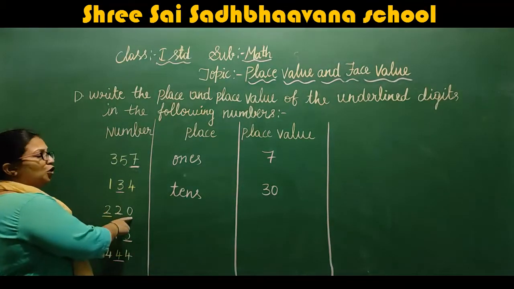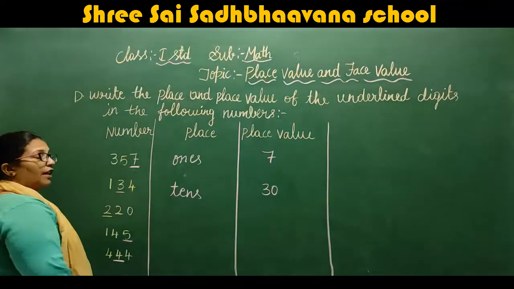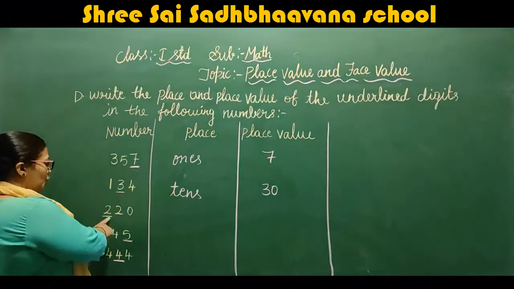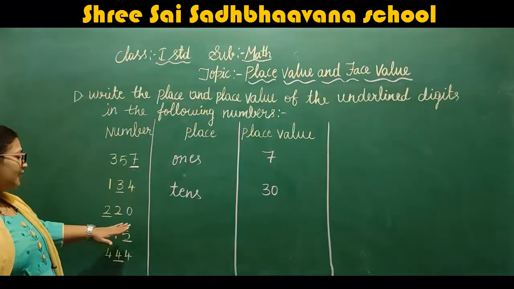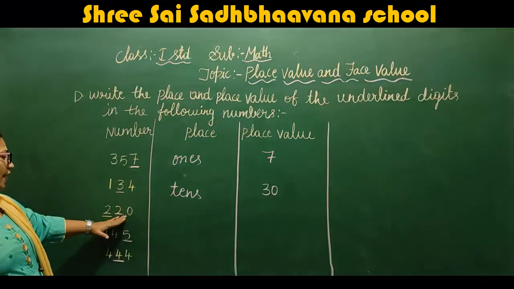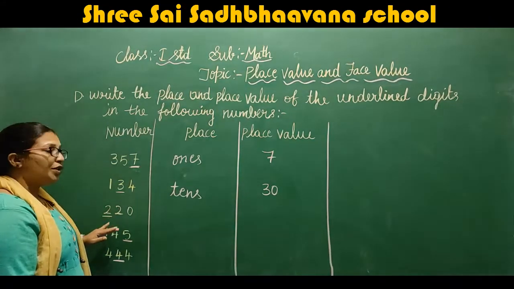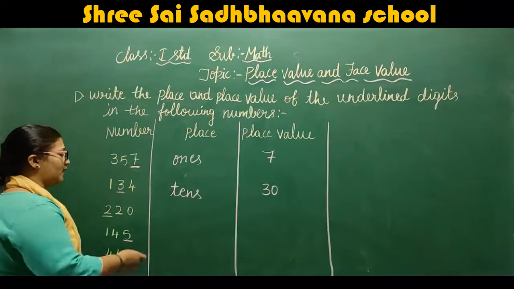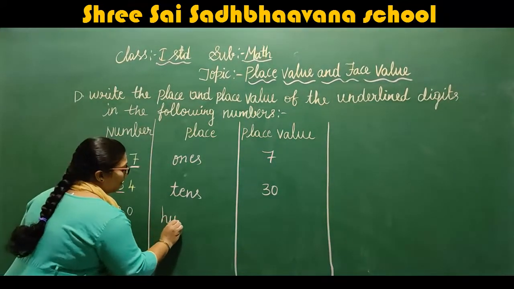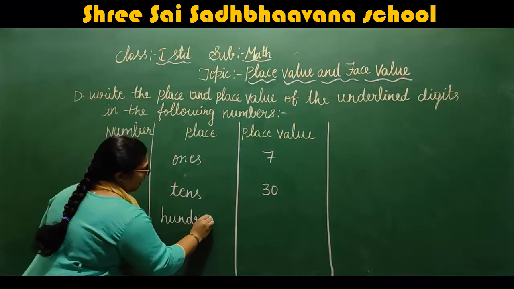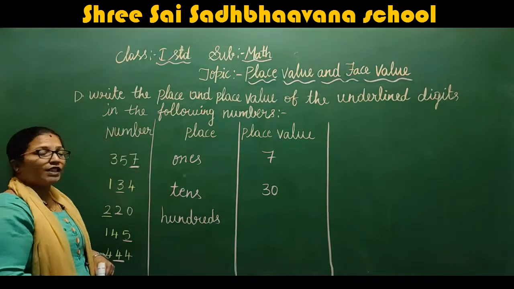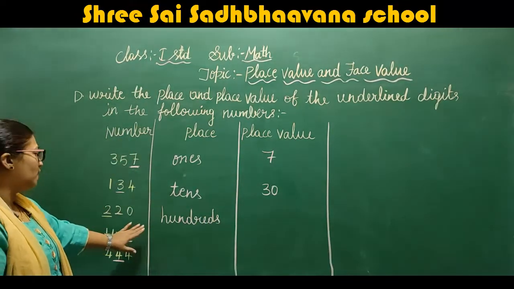Here they have given 220. They underlined a 2. In which place is it? It is 1, 10, 100. Which place is 2 in? 2 is in the hundreds place. So what should you write here? 2 is in the hundreds place.